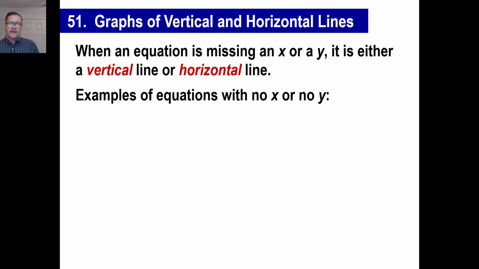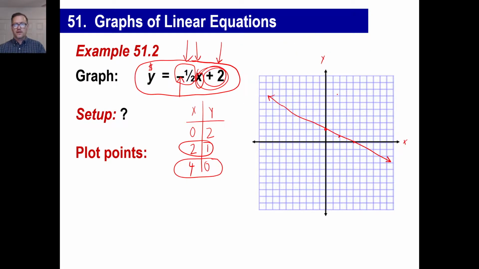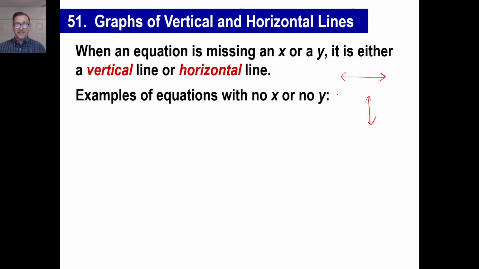Okay? All right, this is the last type of line we're going to look at today, vertical and horizontal lines. Obviously, there's your horizontal line, and there's your vertical line, okay? When an equation is missing an x or a y, and don't forget, these are our equations, y equals -x plus 0, y equals -1/2 x plus 2. When it's missing an x or missing a y, it's either vertical or horizontal, okay? In other words, you'll see something like this.